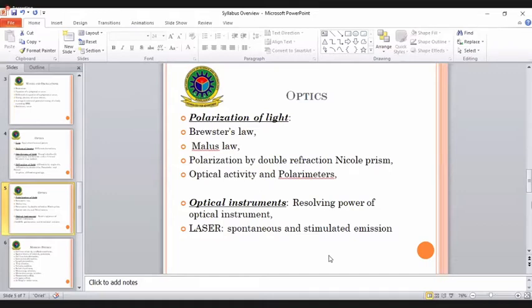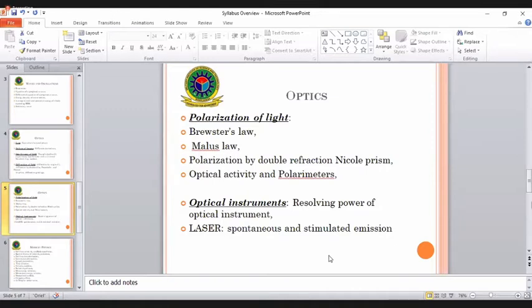What is an optical instrument? Do you have any idea? An optical instrument is an instrument that deals with optics. Can anyone give an example of an optical instrument? Telescope, microscope.